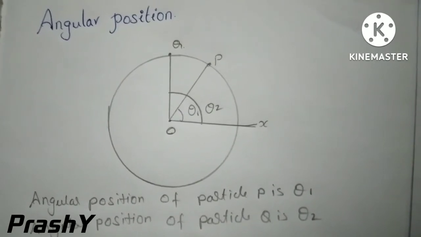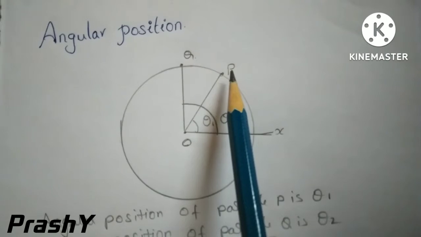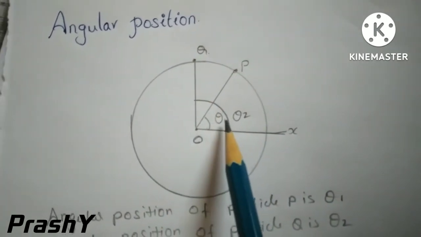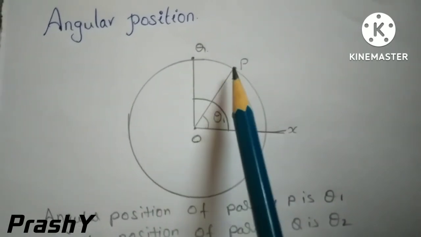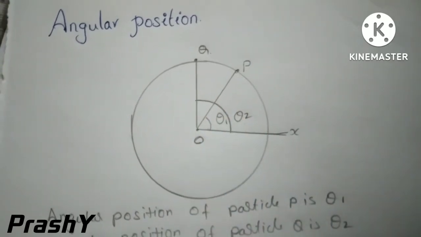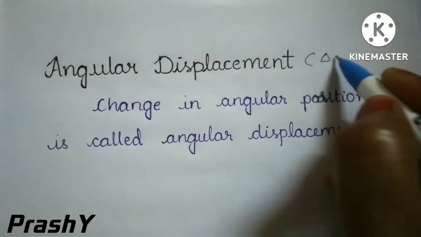Now let us check what angular displacement is. When a particle is moved from point P to Q, its angular position changes from theta 1 to theta 2. That change in angular position is called angular displacement. Angular displacement is indicated with the letter delta theta.